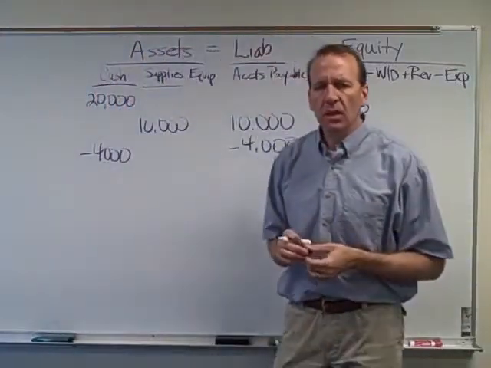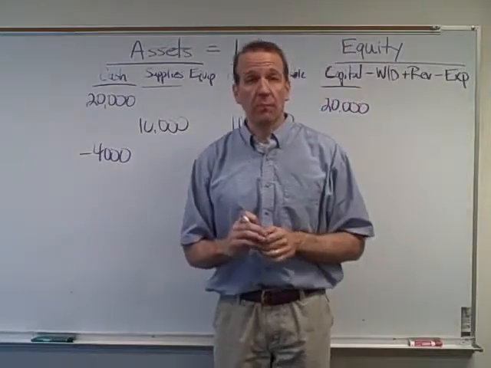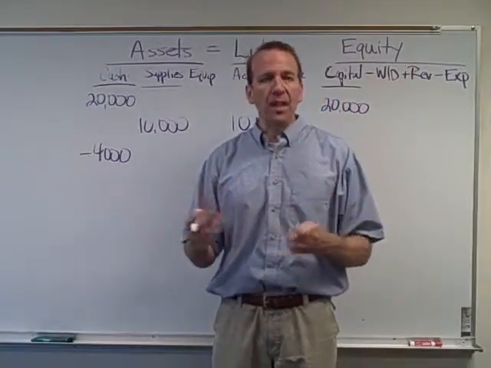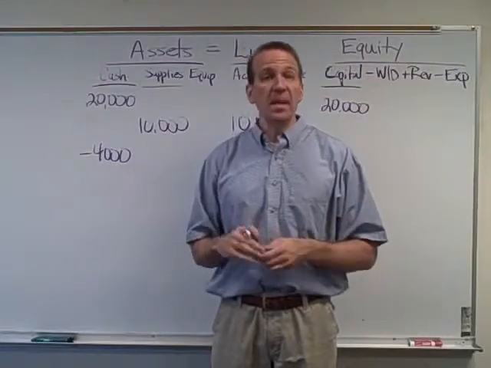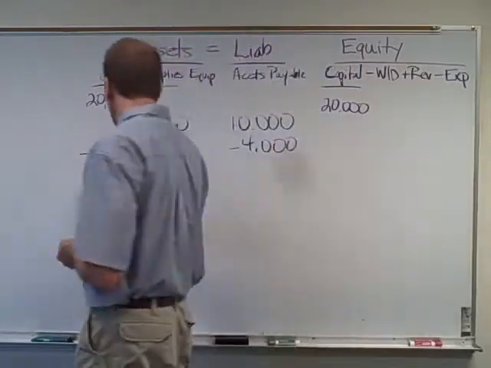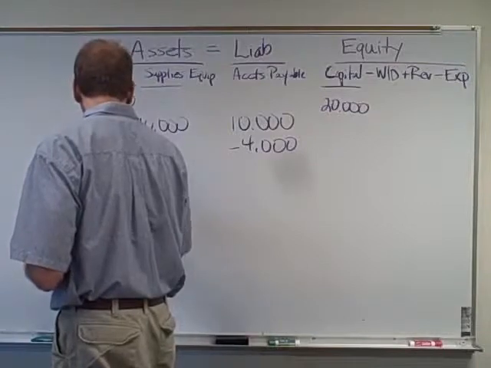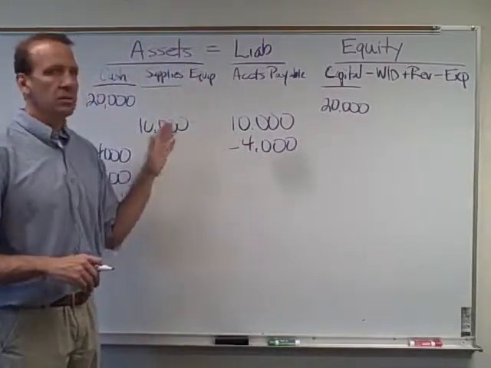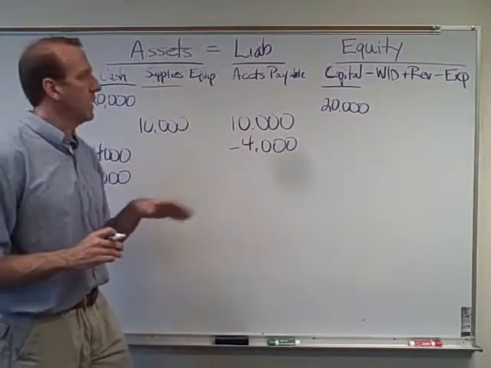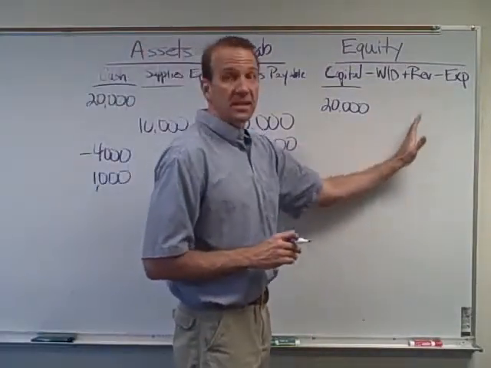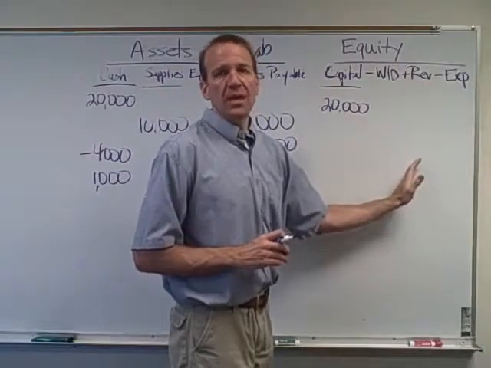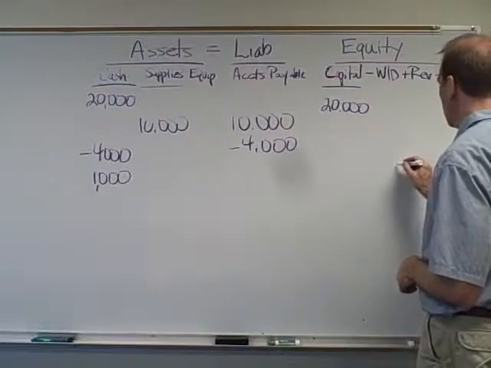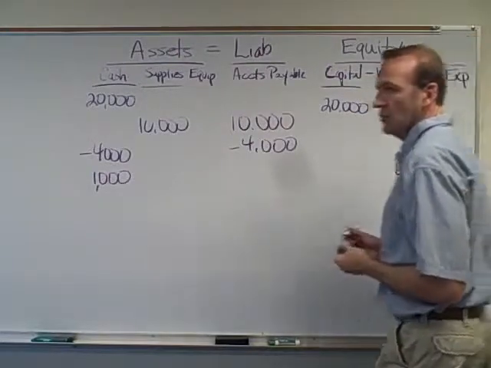Let's say we sold $1,000 worth of pizzas. A big company came in, they're having a big party, they bought $1,000 worth of pizzas, and they paid us cash. So that would increase our cash here. And now, what on this side do we have to increase? Hopefully you recognize that that's a sale, that's revenue. So that increases the profit in our company. So over here under revenue, we would have $1,000.